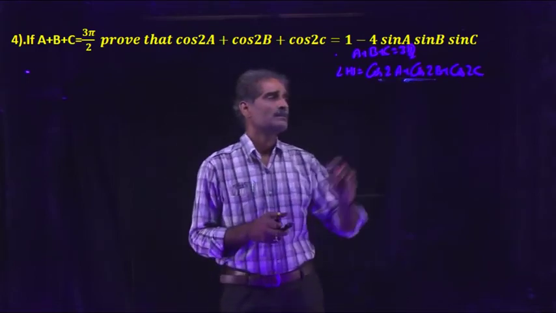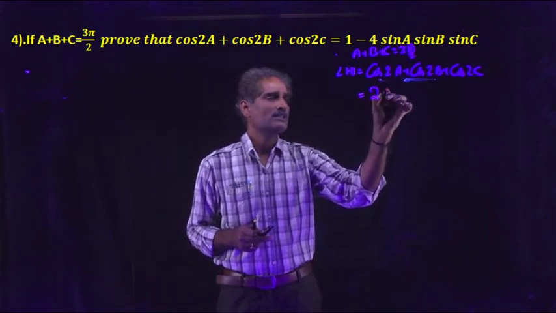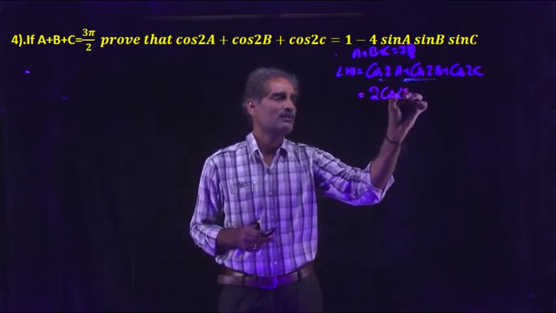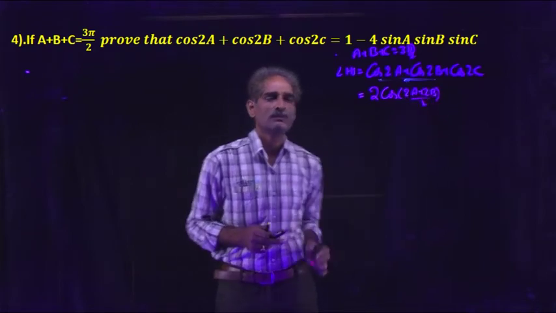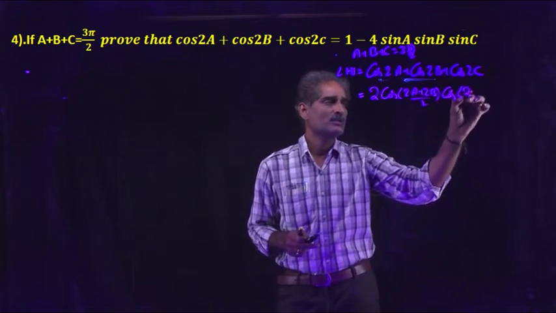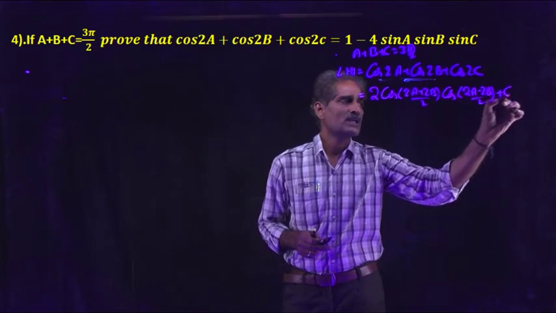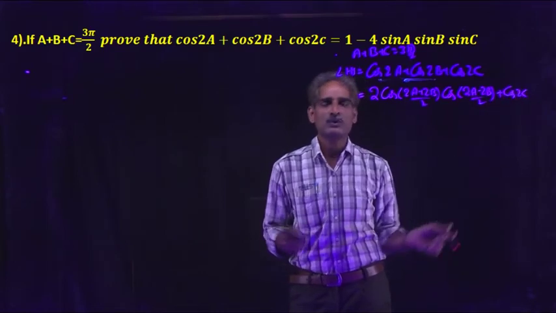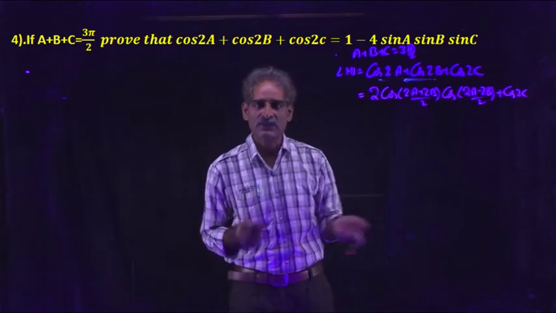Now cos c plus cos d is 2 cos (c plus d)/2, that is (2a plus 2b)/2, into cos (c minus d)/2, that is (2a minus 2b)/2, plus cos 2c. We don't know which formula is best for this problem, either in terms of cos or in terms of sin.